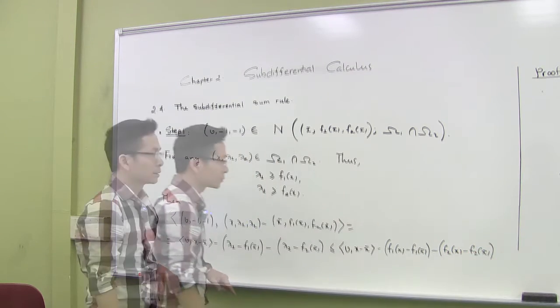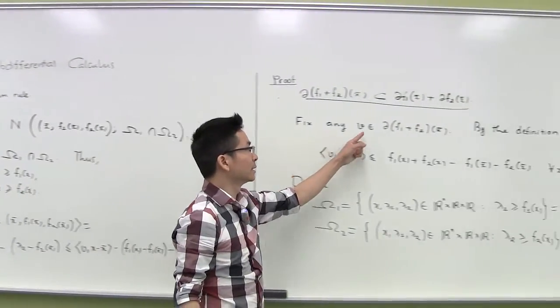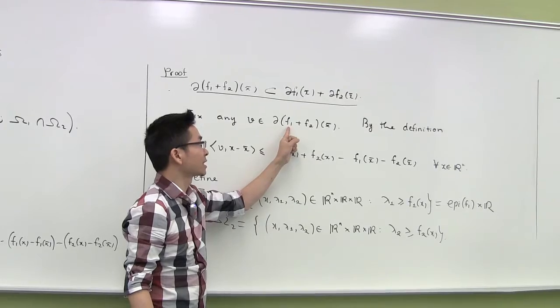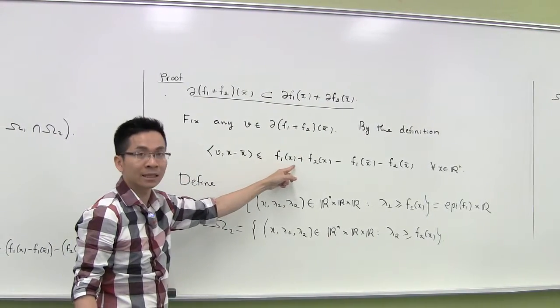Okay? Now, because v is in the subdifferential of the sum of f1 and f2, this inequality is satisfied.